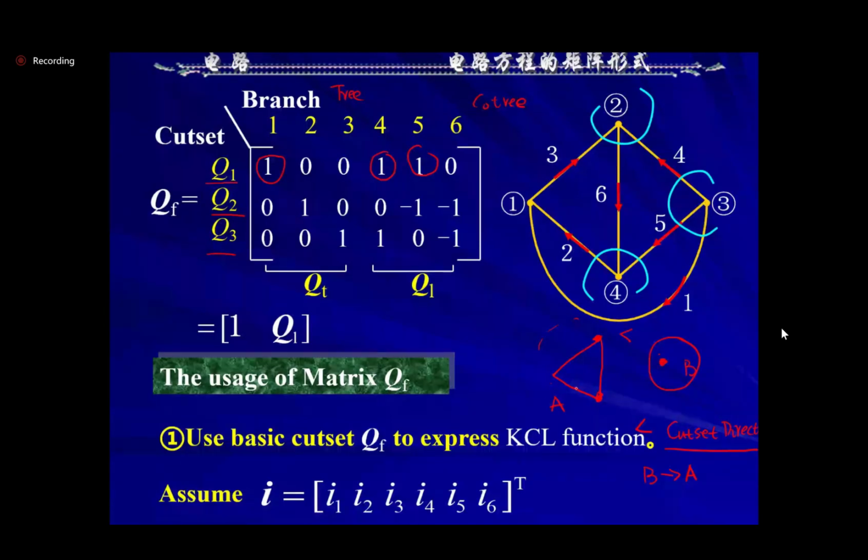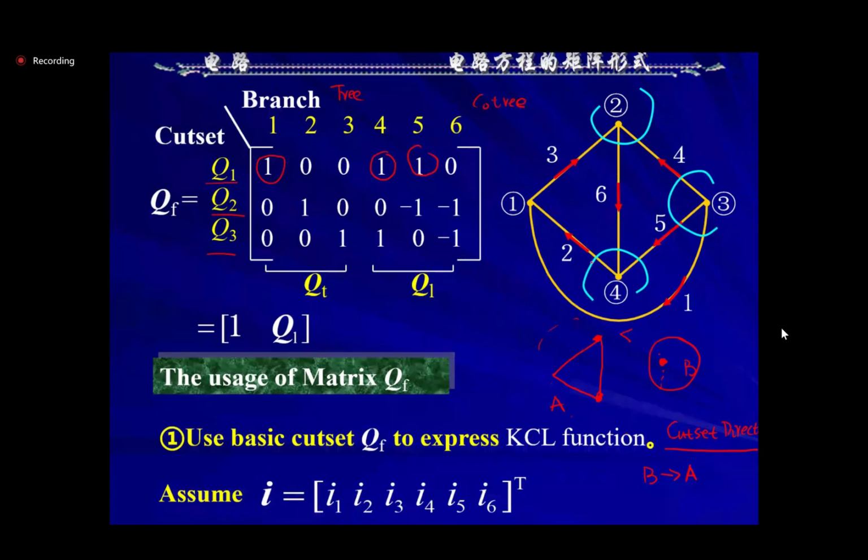We use A to express one side, B the other side. We check whether the cutset direction is from A to B or B to A by checking the tree direction. This tree direction is from B to A, so the cutset direction is B to A. Then we check the other branch directions, 4 and 5, also from B to A. So it's positive 1.